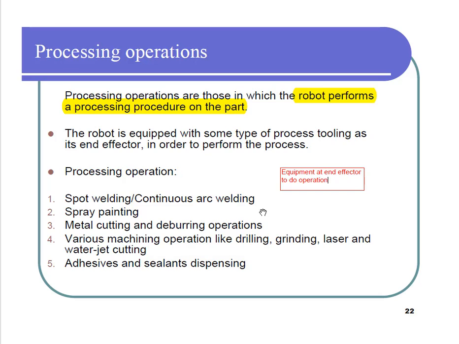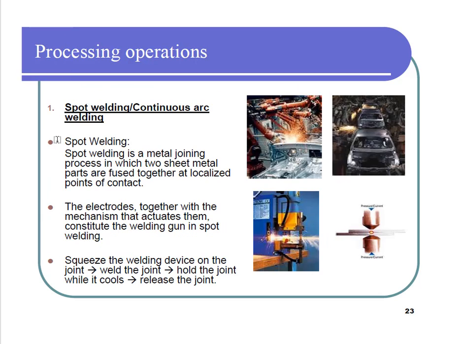Alright. To discuss further on the processing operation, now we will look into the spot welding or continuous arc welding operation. Spot welding is a metal joining process in which two sheet metal parts are fused together at localized points of contact.